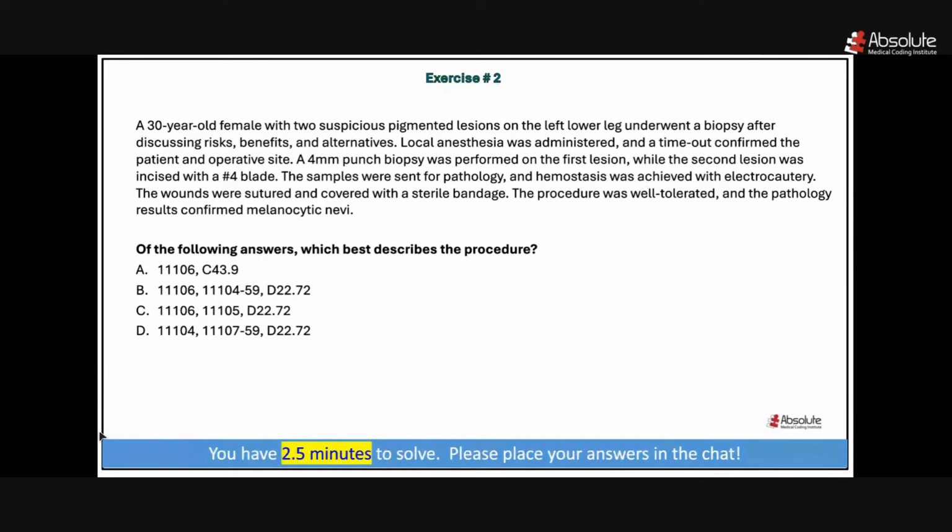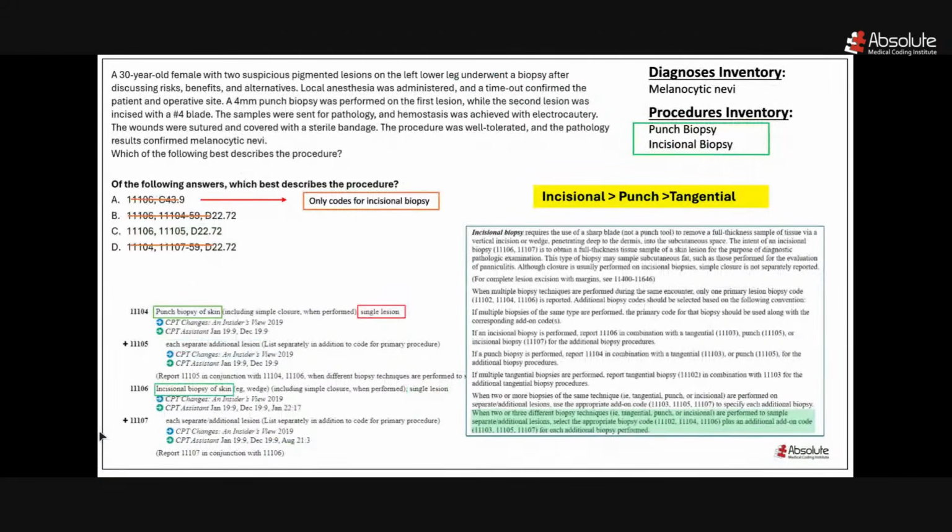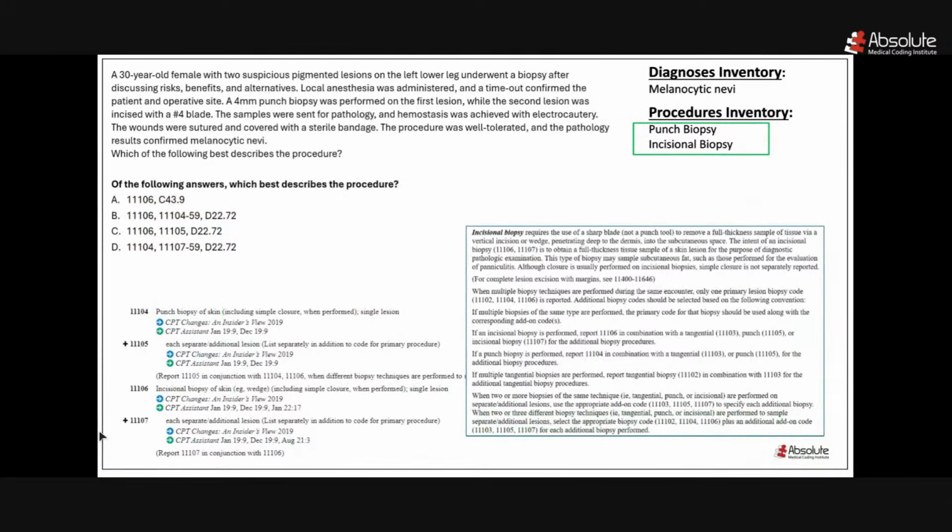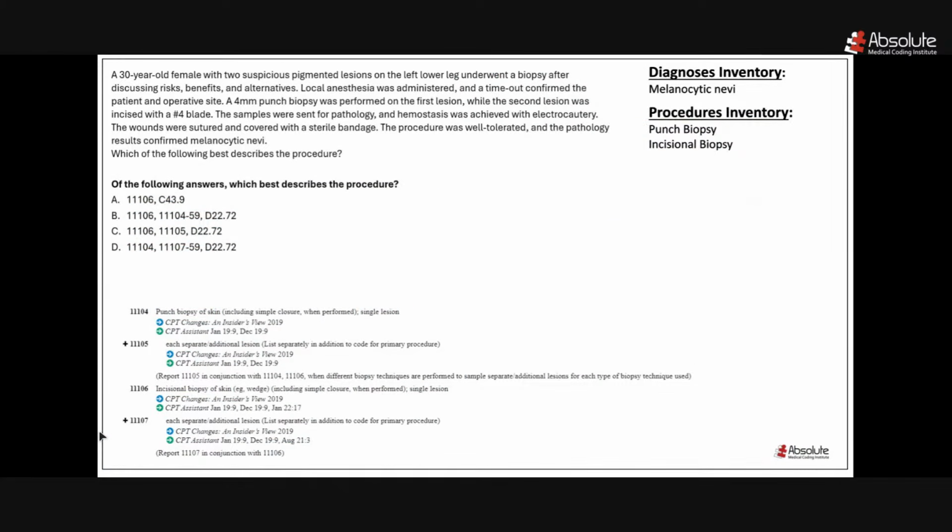Okay, so here we have another great scenario. Let me start explaining this one. The diagnosis is melanocytic nevi. Two techniques of biopsy were used for the biopsy of two lesions, right?